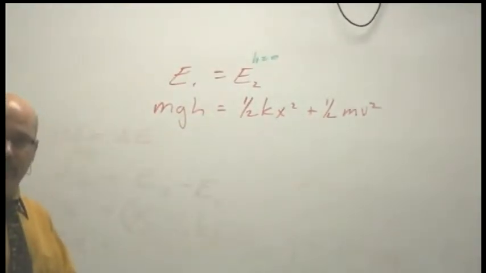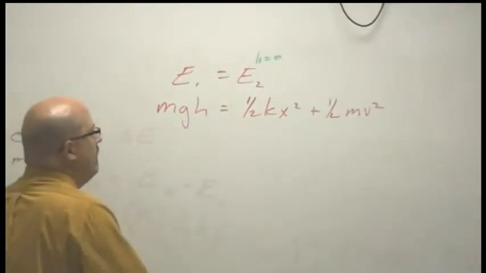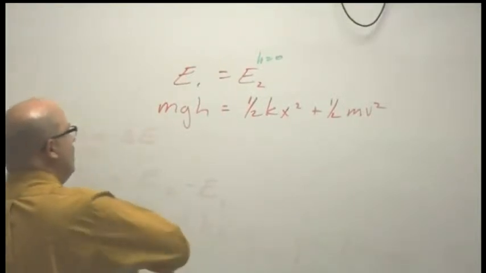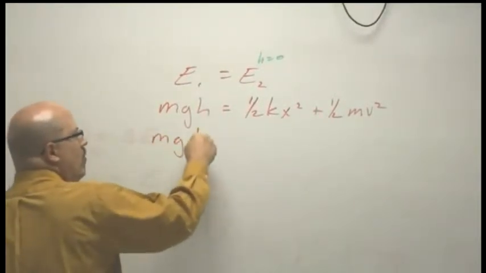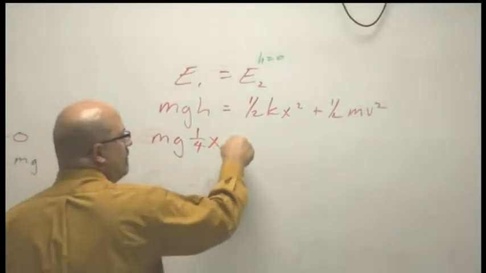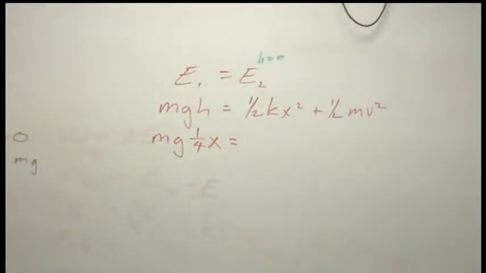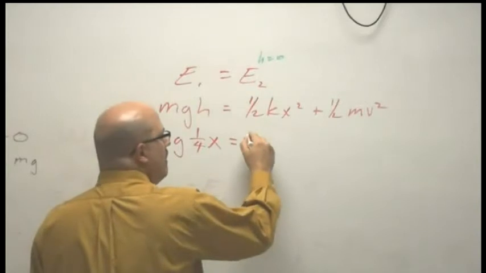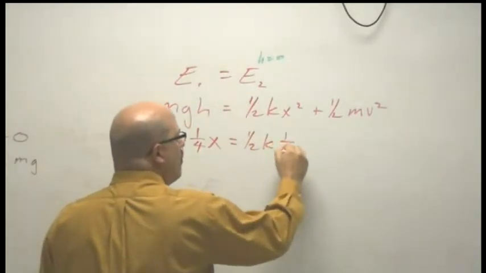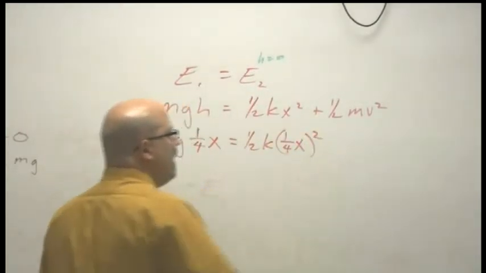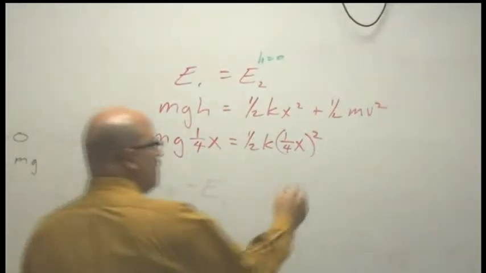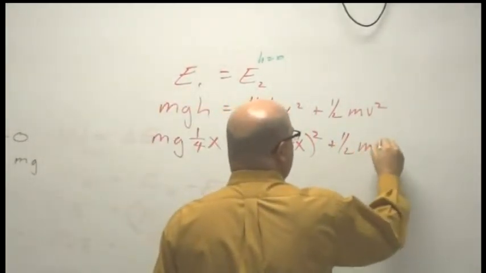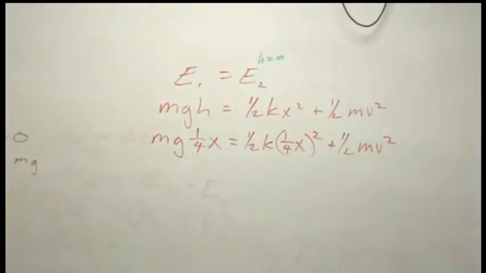So if I do that, then over here this is mg times 1/4 x, and this is 1/2 k (1/4 x) squared, plus 1/2 mv squared. I did it strictly for convenience's sake.